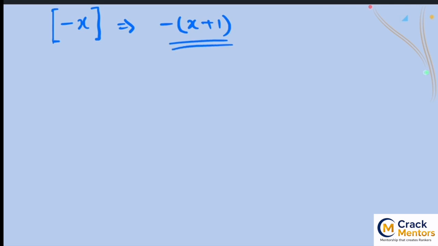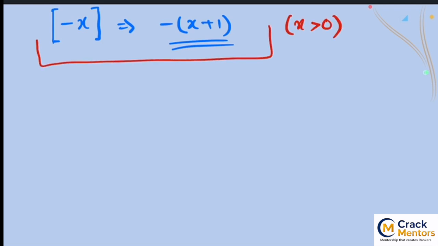So this will be its greatest integer part, given x is a positive integer, right? And if we have to write it as this, then we can directly write whatever it will be.